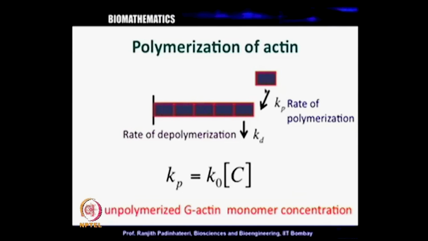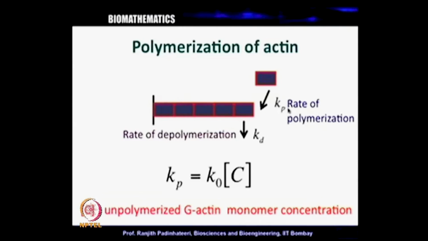With some rate Kp, this monomer binds onto this filament and elongates. So, Kp is the rate of polymerization. Kp is typically something per second, let us say 10 per second, 20 per second.